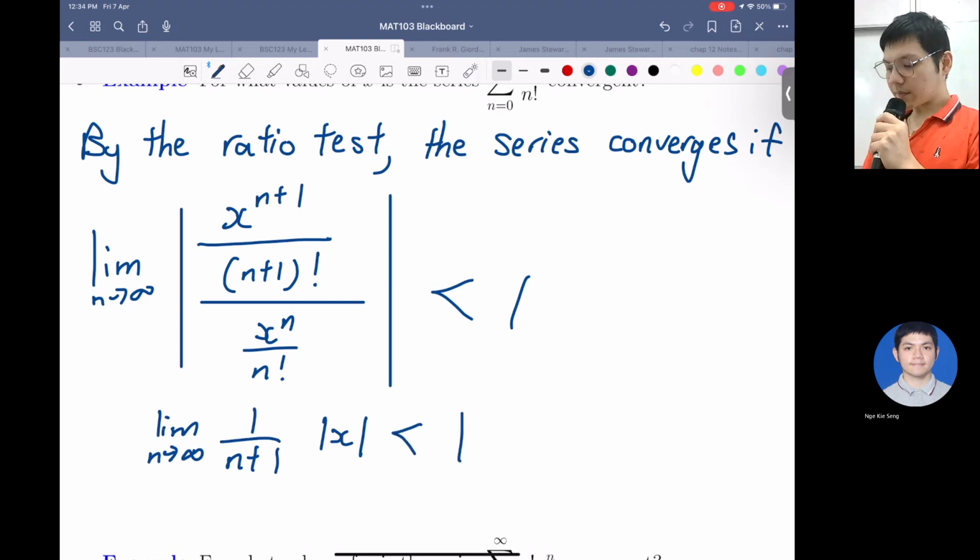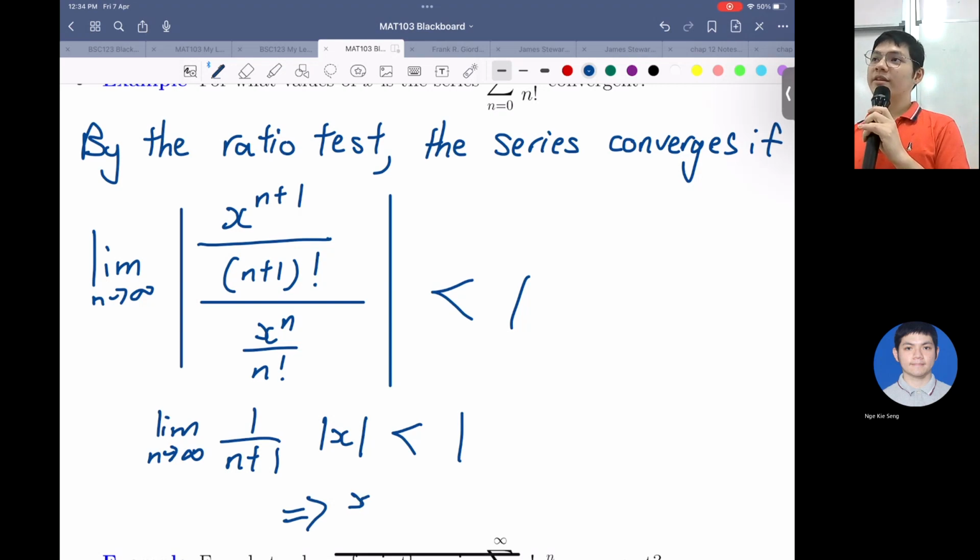Typically x has nothing to do with n, so we split x and n. We view x as a constant for now. So the limit is 0, and 0 is always less than 1. This means no matter what x you put, it will still satisfy the inequality. So x can be anything. It's the whole real line.